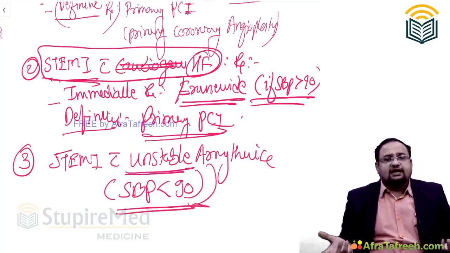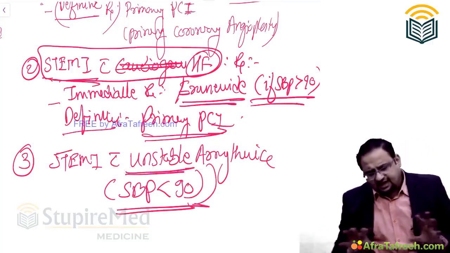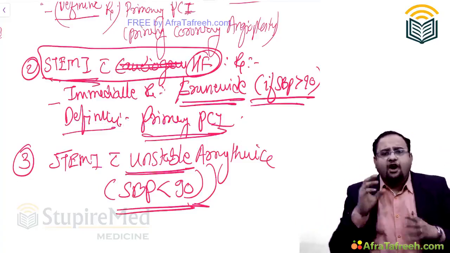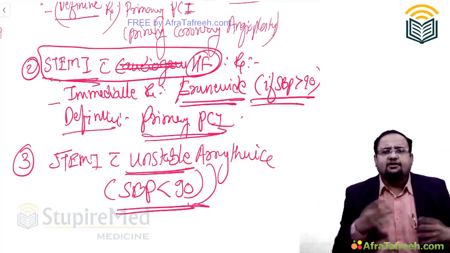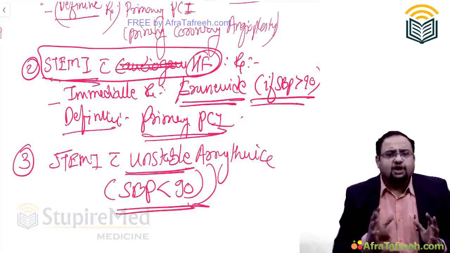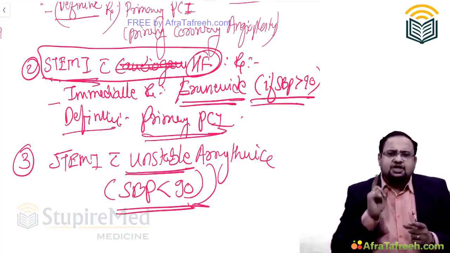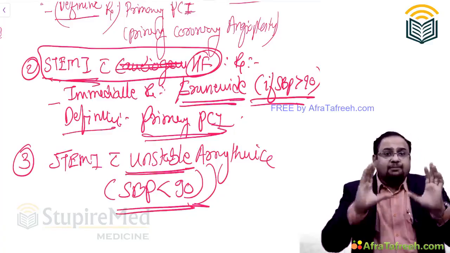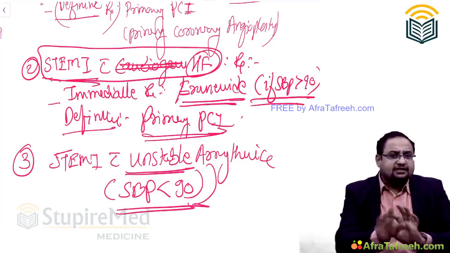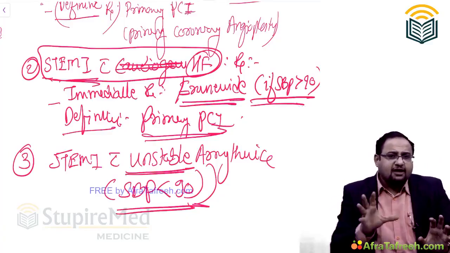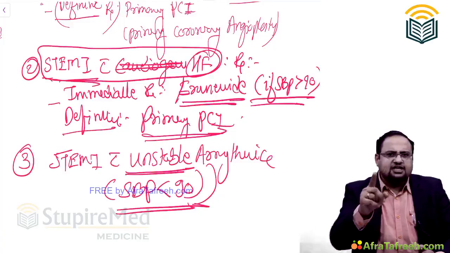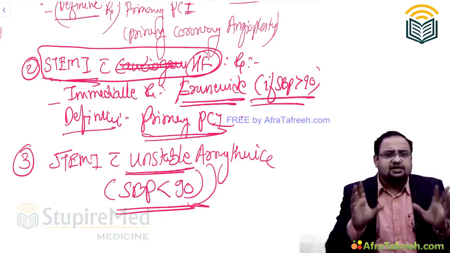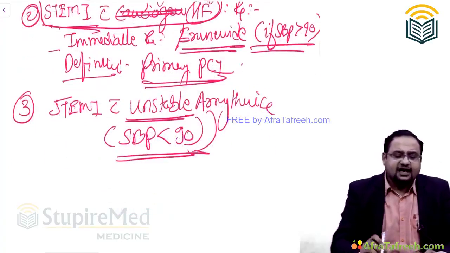Whether you understand any arrhythmia or not, be it atrial fibrillation, atrial tachycardia, or ventricular arrhythmia, ventricular tachycardia, ventricular fibrillation, if patients develop that, the first thing is to check the pulse and the BP of the patient. If the BP is less than 90 systolic and the pulse is feeble, the only treatment of choice is to give a shock to the patient urgently, because that is the immediate and only treatment for systolic less than 90.